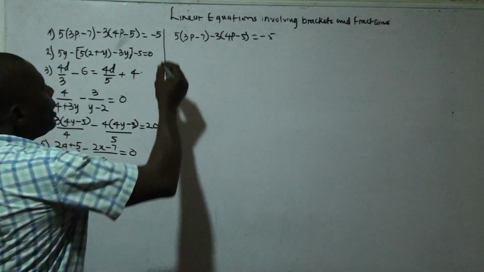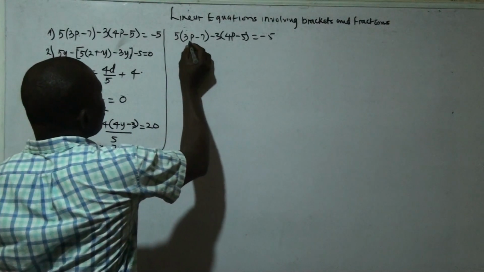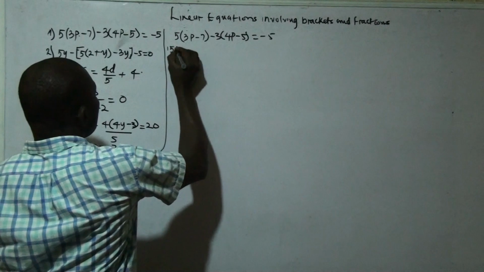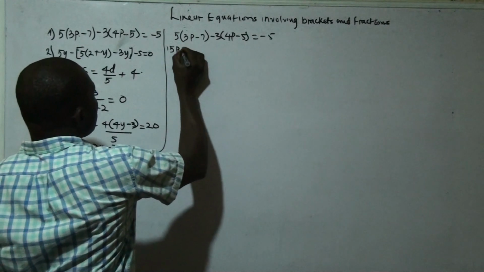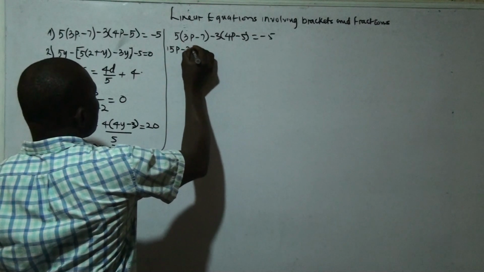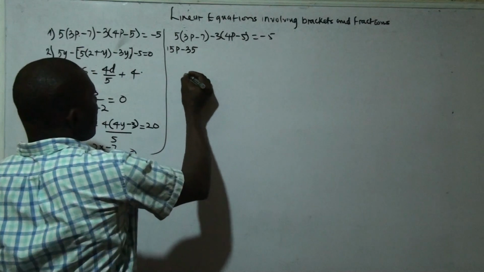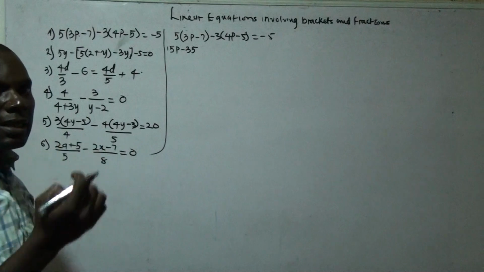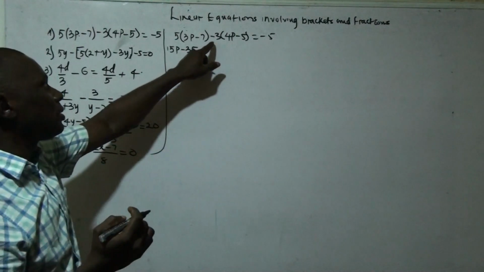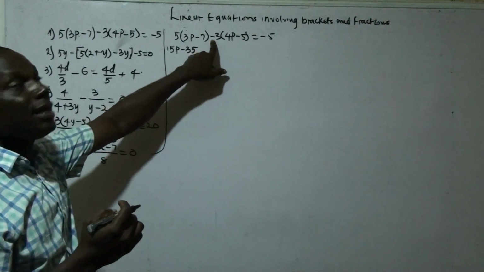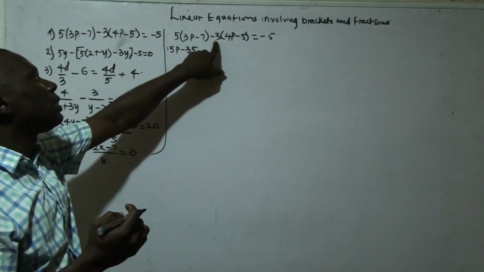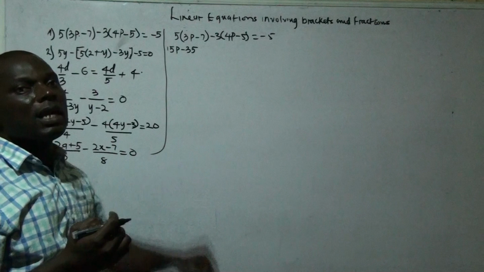So here 5 will multiply 3p, that will give us 15p. 5 times minus 7 will give us minus 35. Minus 3 here, and we also have to observe the signs. The signs are very important. The negative coefficient of the constant term has to affect everything.